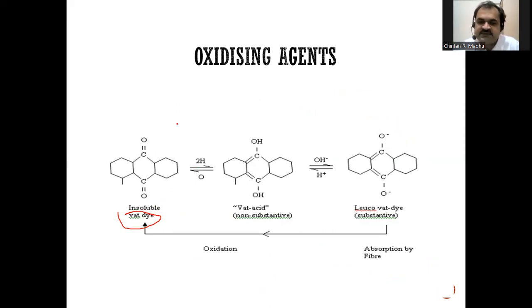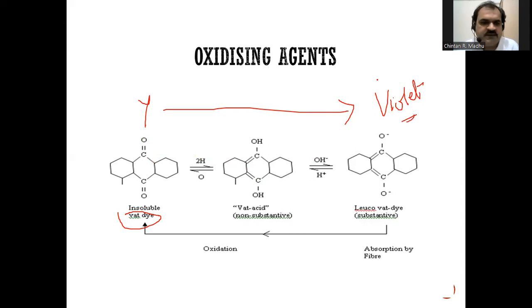But after development or after fixation, we have to produce our original dye, because when you are working with the insoluble dye, suppose this one is your yellow color, when it is solubilized, it will convert into violet or purple. But we had printed the yellow color. So when you are selling your fabric in a market, you have to again convert this violet into yellow.